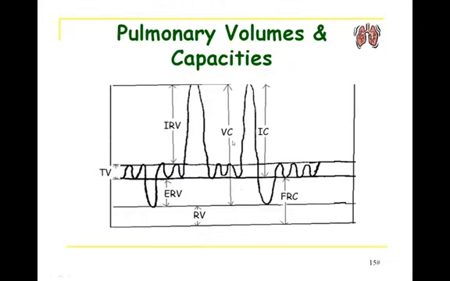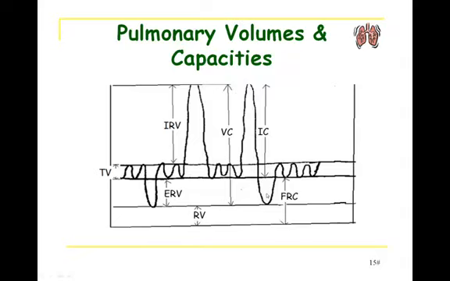The next capacity is called your vital capacity. You'll notice it's composed of 3 of your lung volumes: your inspiratory reserve volume, your tidal volume, and your expiratory reserve volume. We'll be measuring this in lab, and what I'm going to ask you to do is take as much air into your lungs as you possibly can, and then force it out and get all the air you can out of your lungs. You're going to go until you're just blue in the face.